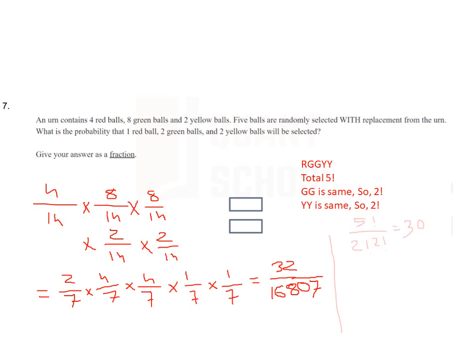We get 5 factorial divided by 2 factorial multiplied by 2 factorial, equal to 30. Now we'll get the proper fraction: 32 divided by 16,807 multiplied by 30 equals 960 divided by 16,807. This is our probability.